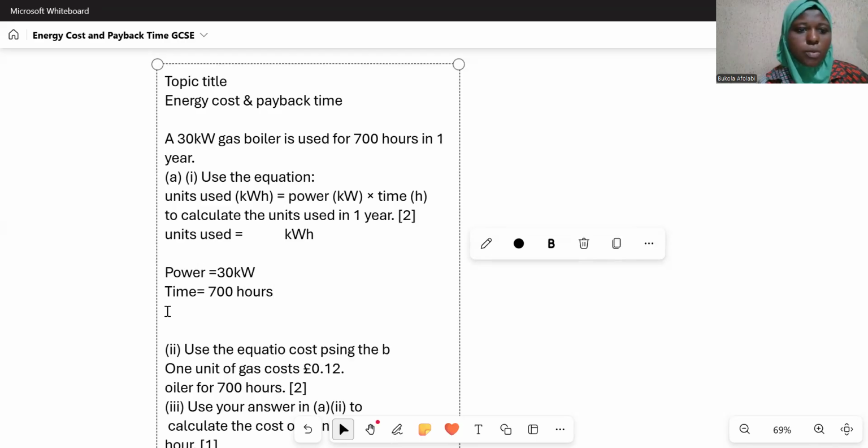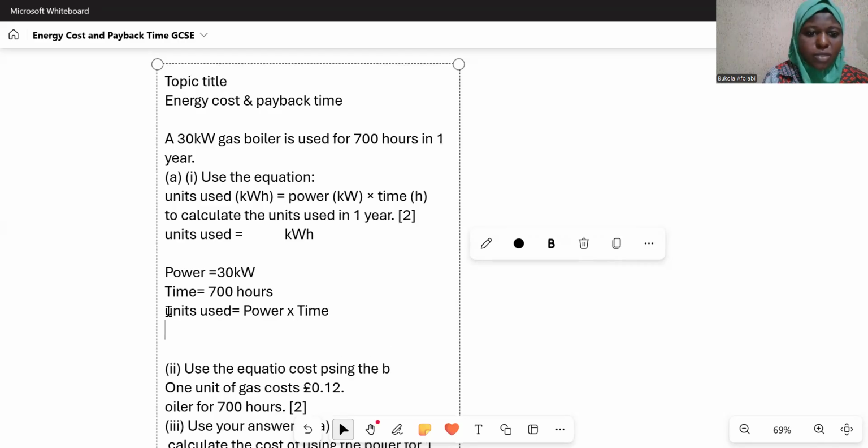So units used is gotten from the formula power multiplied by time, which gives us the power, 30, multiplied by 700.